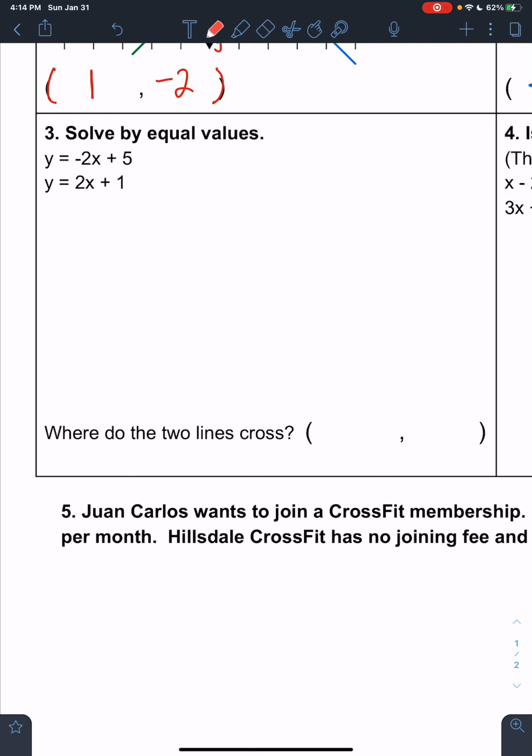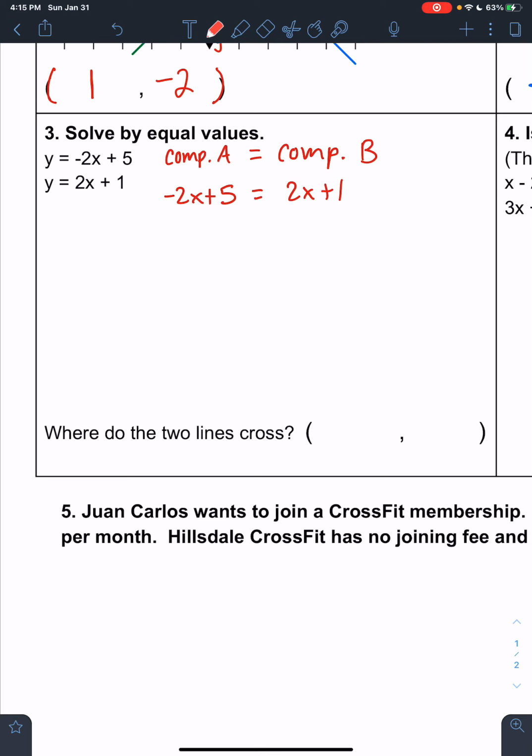So if this was company A and company B, which this doesn't necessarily represent, and we wanted to know when company A is equal to company B, we would say, well, company A is negative 2x plus 5 and company B is 2x plus 1. And when are they the same? That's what we want to know. So that's the equal values method.